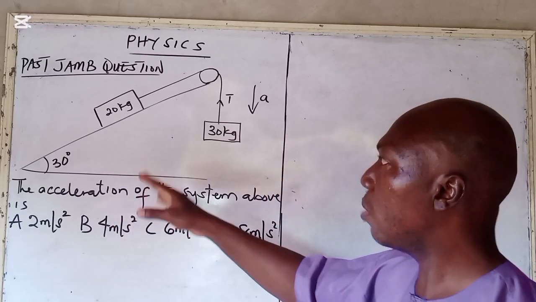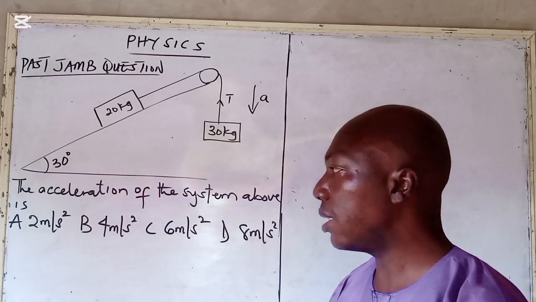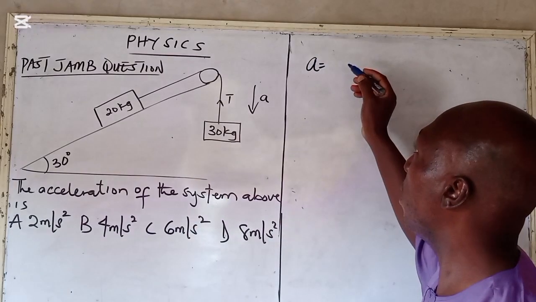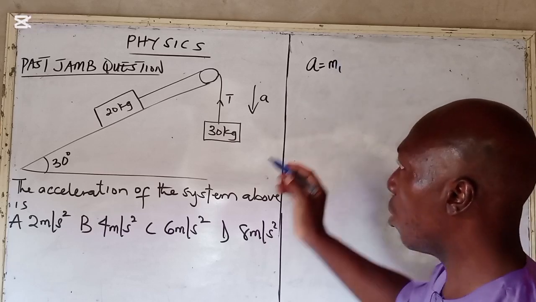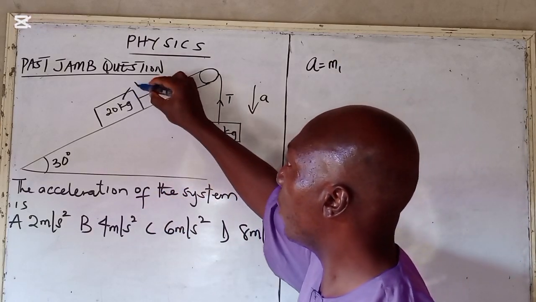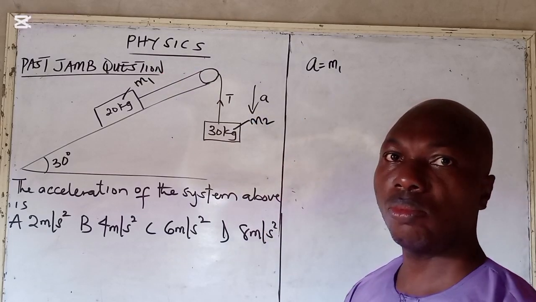So the acceleration of this body, after my careful analysis, is given by the formula. Before I solve, let's call this body m1. Let's call this body m2.